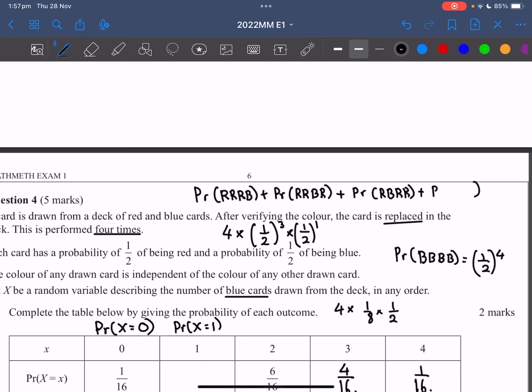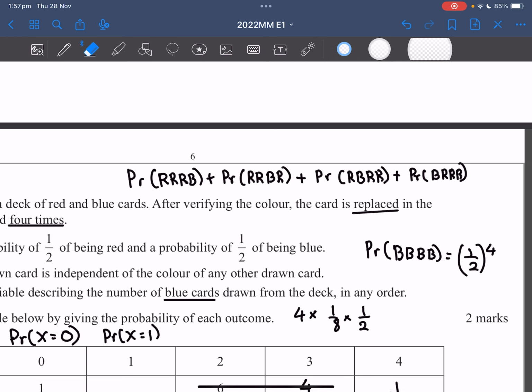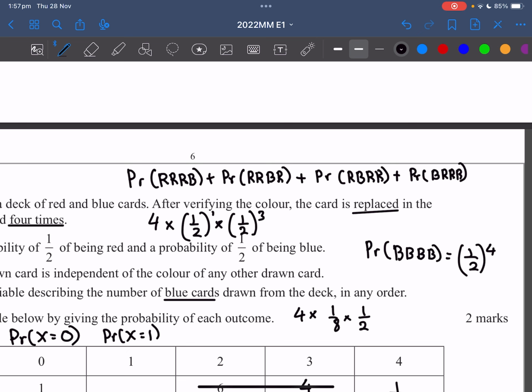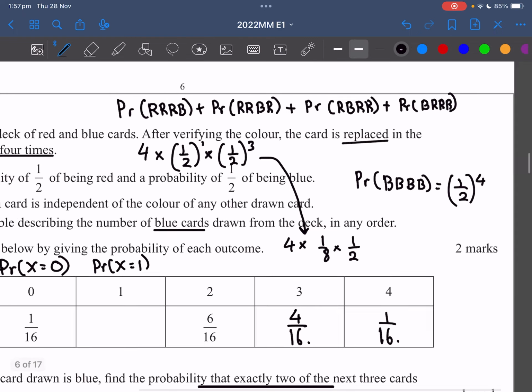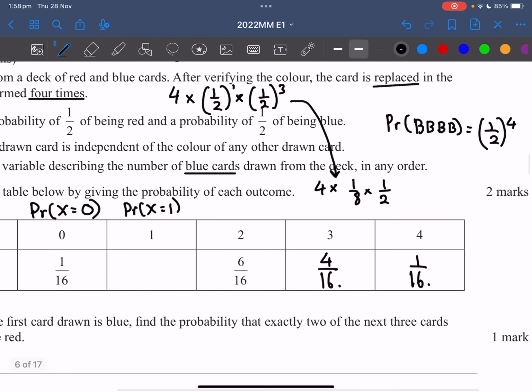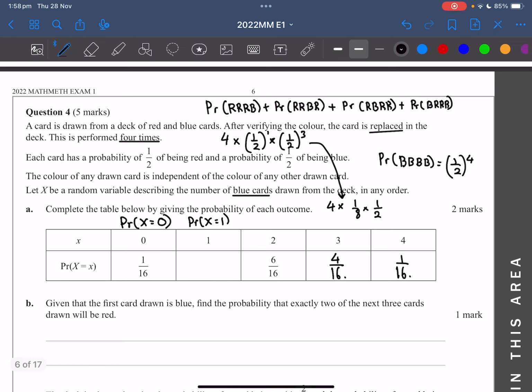Even if I calculate the probability that X equals 1, we have 4 times the probability of success, which is 1 on 2 to the power of 1, times the probability of failure, which is 1 on 2 to the power of 3. If I expand this out, we get the same answer. That's because it is equally likely to be red and to be blue, so the answer is going to be the same.